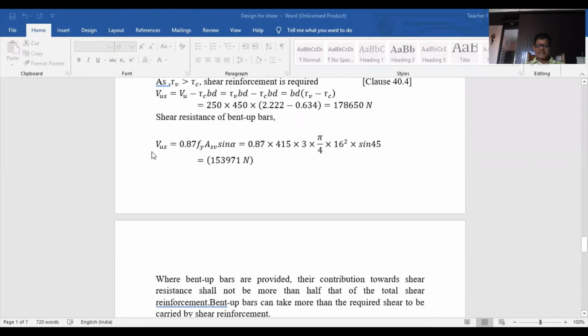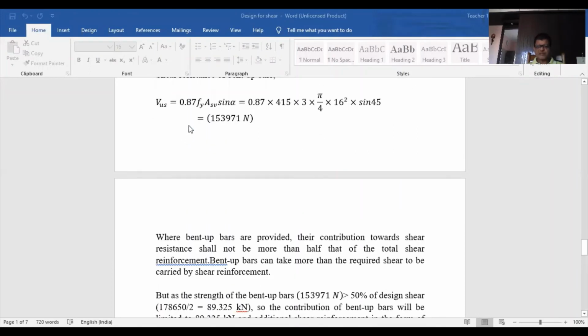The strength of a bent up bar is given as 0.87 fy Asb sin alpha. Alpha is given as 45 degree bent, so sin 45 degree. Alpha is the angle of the bent up bar with the axis. Now what is Asb? Asb is the area of the bent up bars, not the stirrups. As I have already discussed in the theory part, this is not the area of these stirrups.